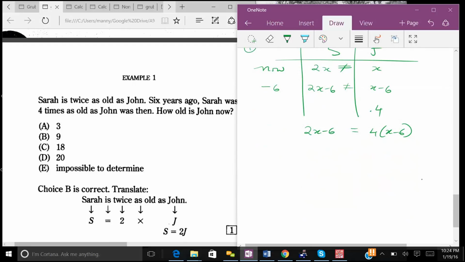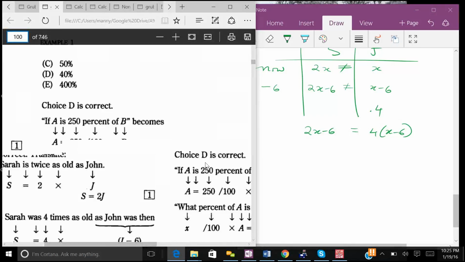Yes, go ahead and solve it. X is 9. X is 9, perfect.